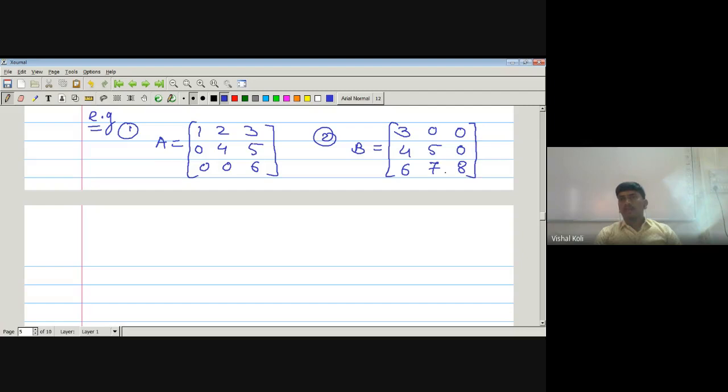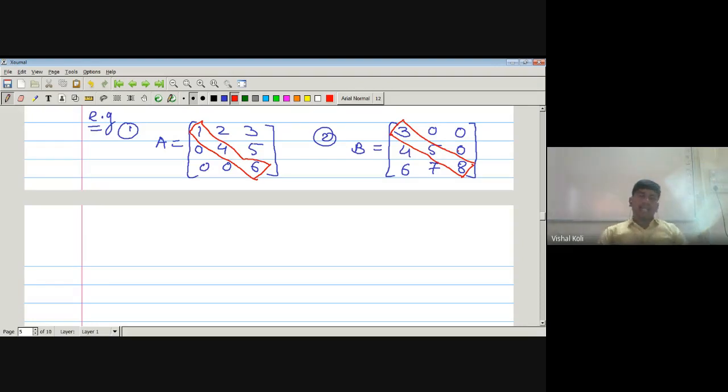Okay. Now here, first we will see the main diagonal line. So this will be the main diagonal line. And here this is again a main diagonal line.